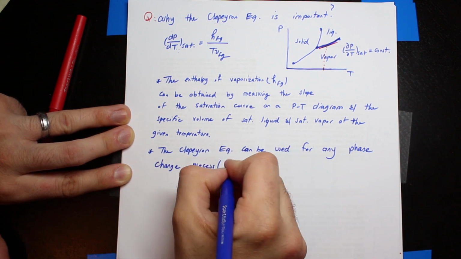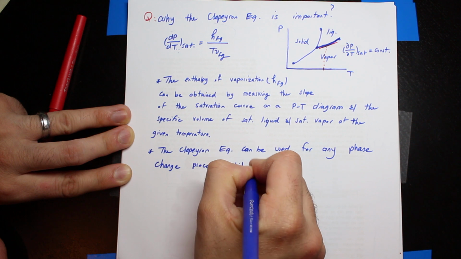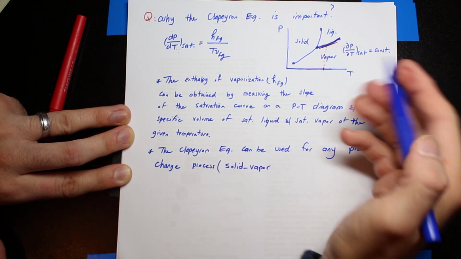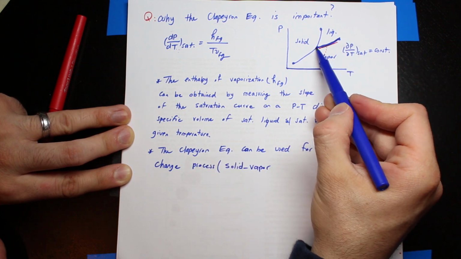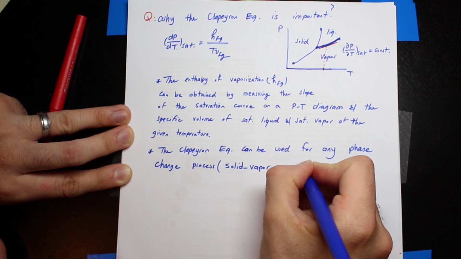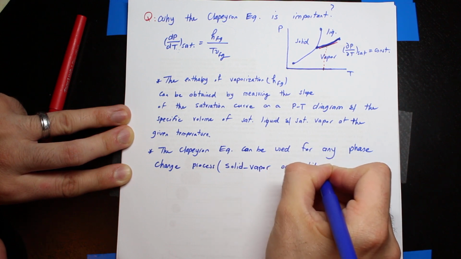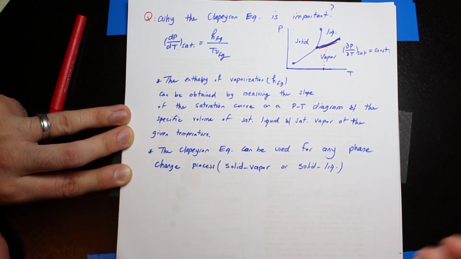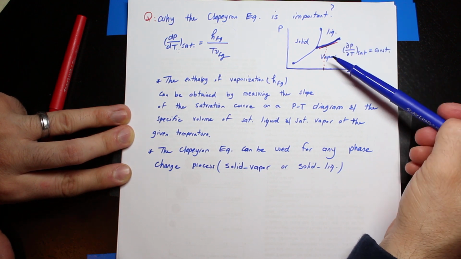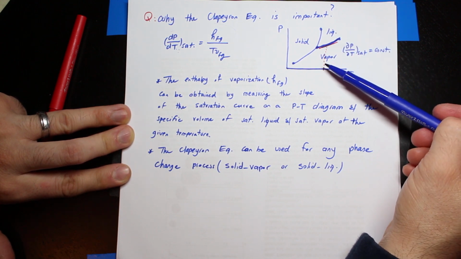For instance, solid vapor, which is going to be this portion of the PT plot, or solid liquid. It doesn't only need to be between the liquid phase and the vapor phase.